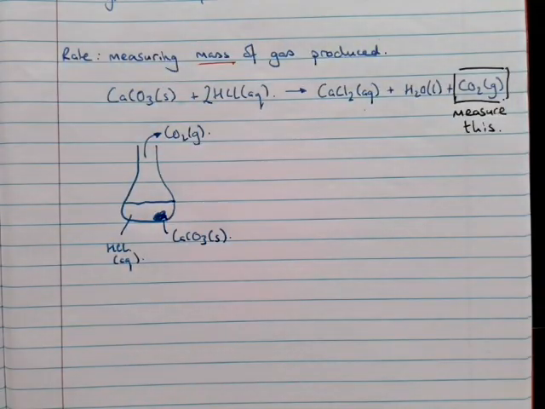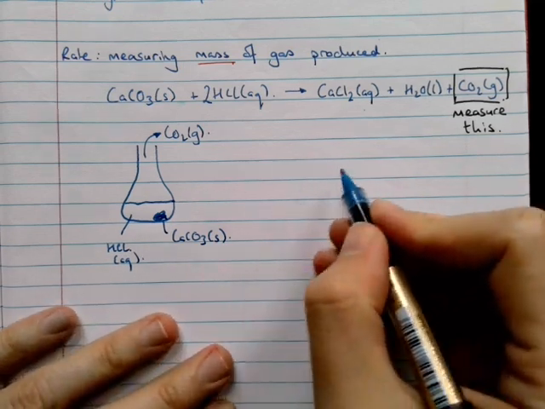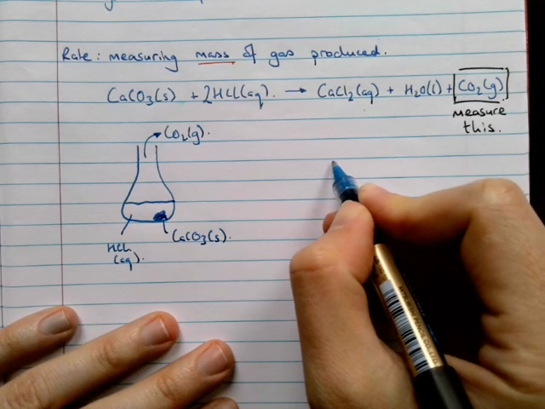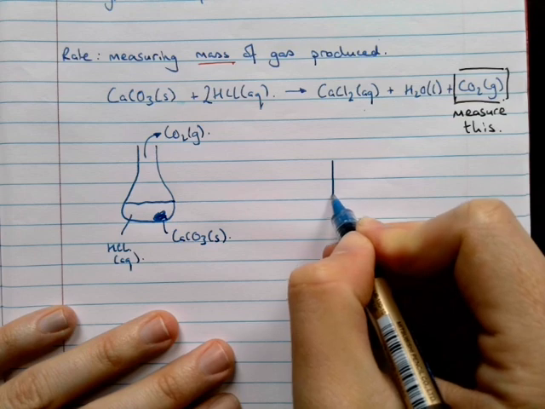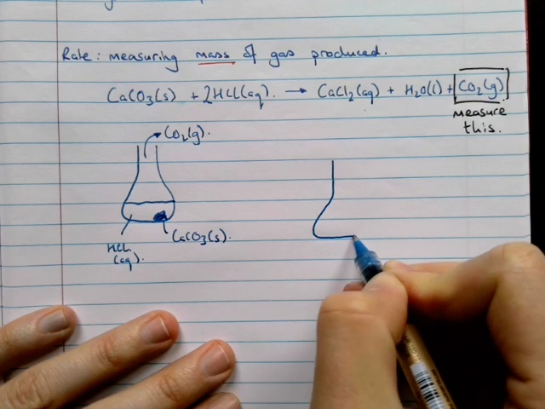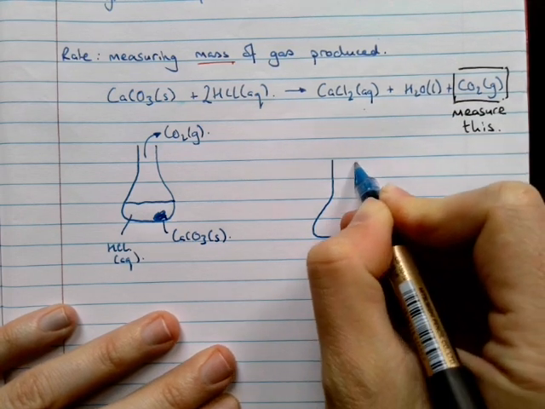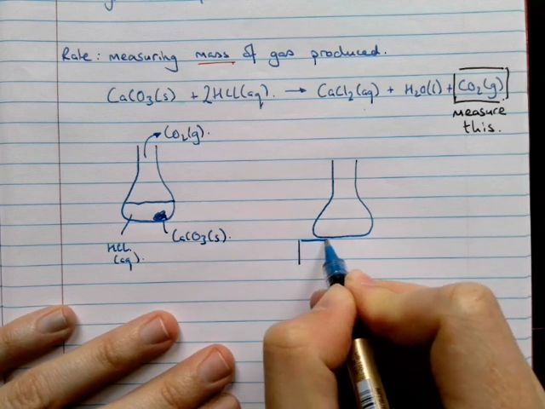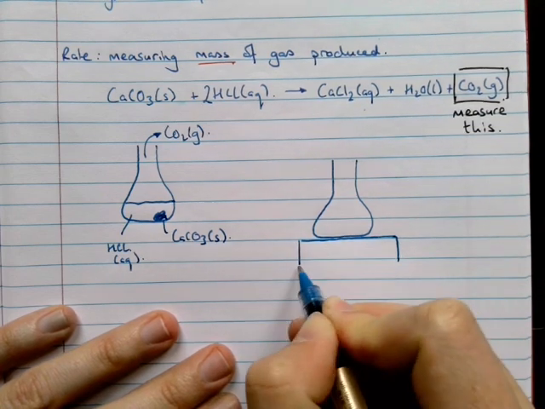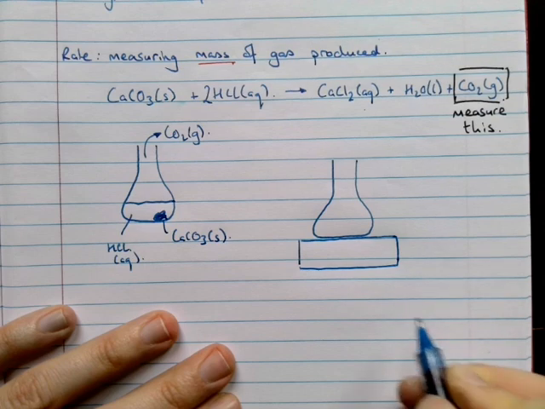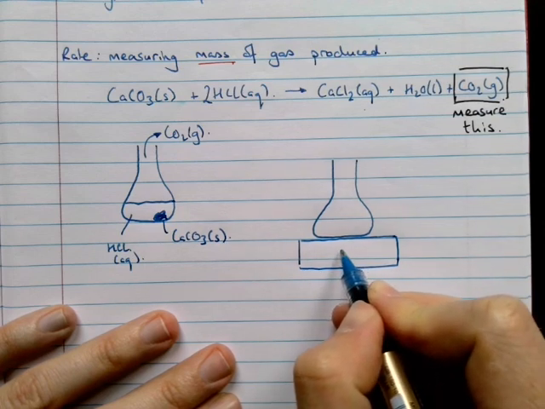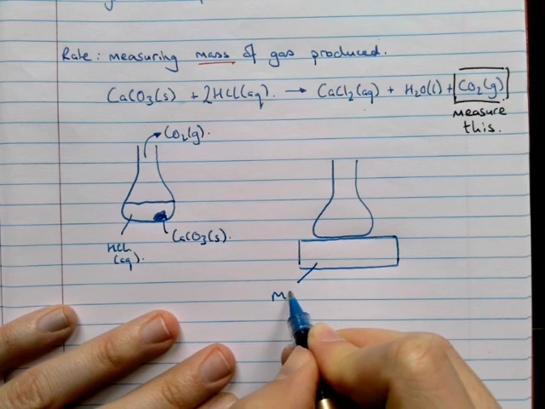So we need to draw our experimental setup out again, just to make sure it's as it should be. It should look like this. This is a mass balance.